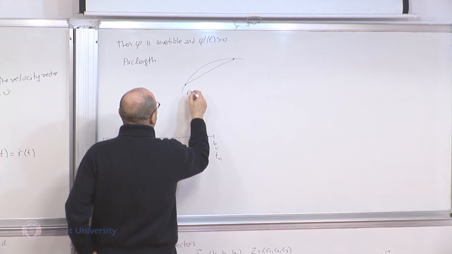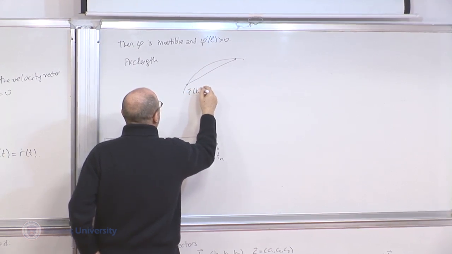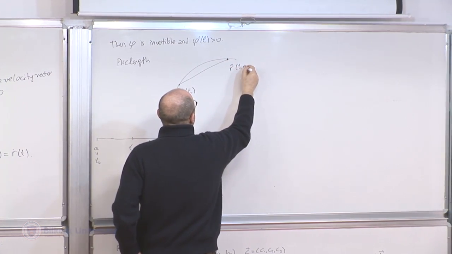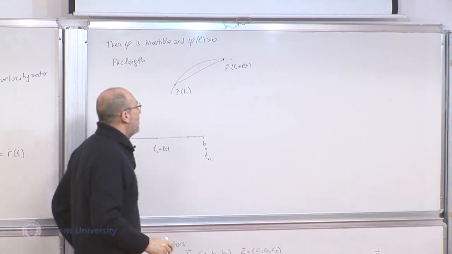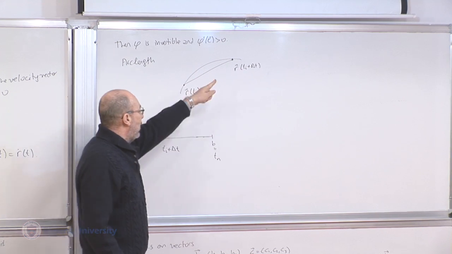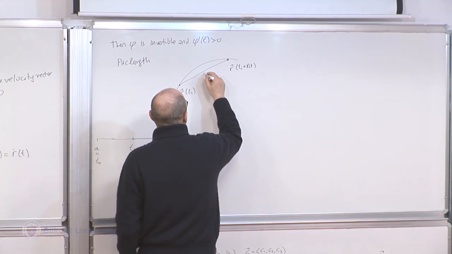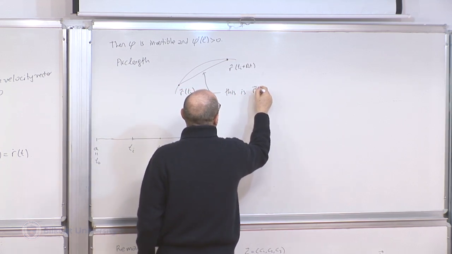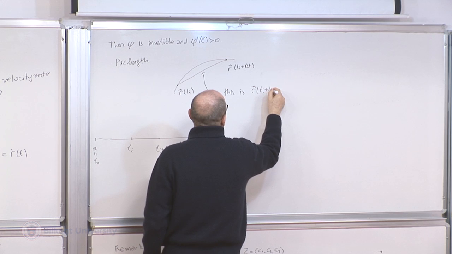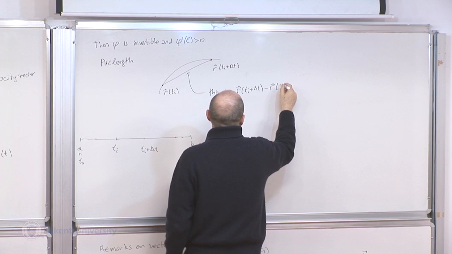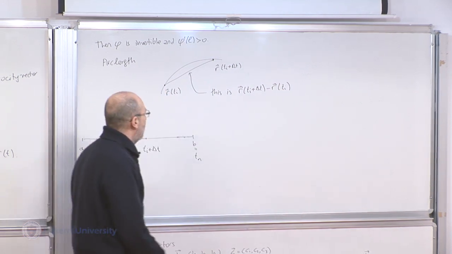This vector here is R of Ti, and this vector is R of Ti plus delta T. So this vector is now that vector minus this vector, which is R of Ti plus delta T minus R of Ti.